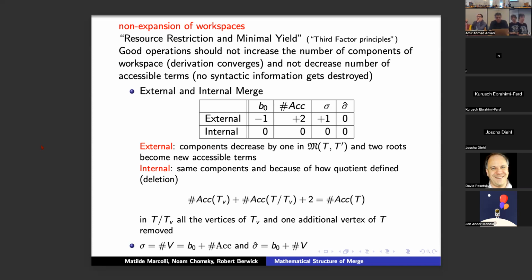But at the same time, you want to not decrease the number of accessible terms, because you don't want to lose any syntactic information. You don't want syntactic information to get destroyed in this derivation, and you want material that you have used to remain available for, for example, actions of internal merge, even once you form a single syntactic object at the end. So the way that this is phrased is: the workspace shouldn't increase in size, and accessible terms shouldn't decrease in number.